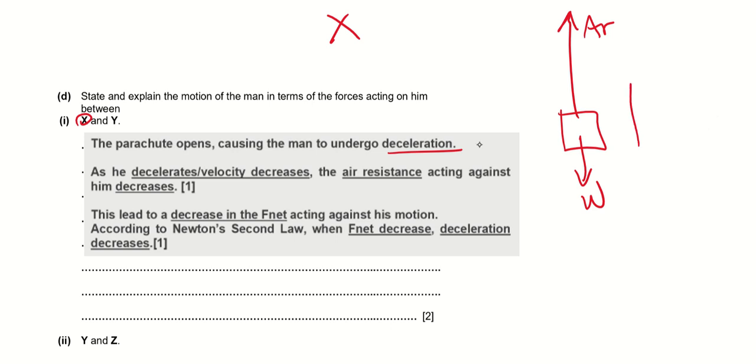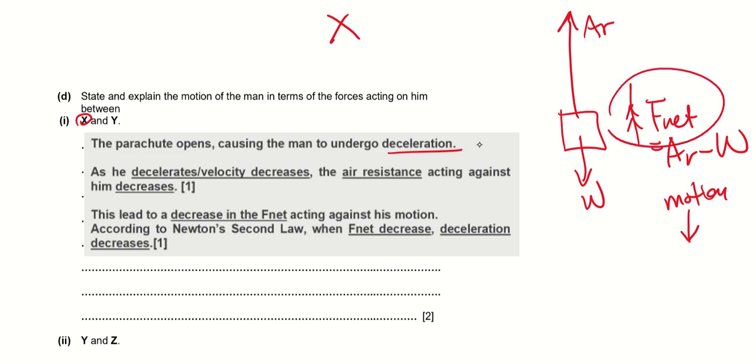So now you see that the F net is upwards because it's AR minus W, right? However, the motion of the parachutist is downwards. So this F net going upwards is opposite to your motion. If it's opposite, it will cause him to decelerate.